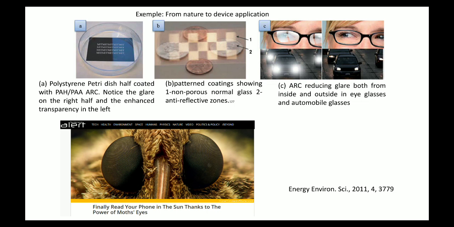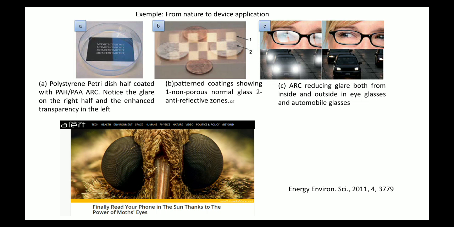Anti-reflective coating. Now the pattern coating showing one is a non-porous normal glass. In the image you can see there is an arrow represented with the number 1 at the top, and the arrow below represents the number 2 at the bottom.